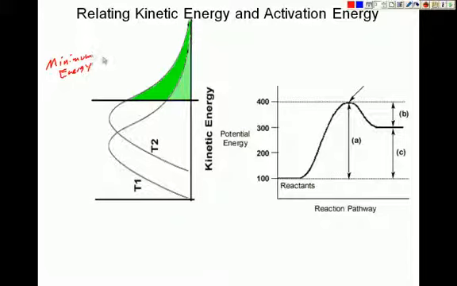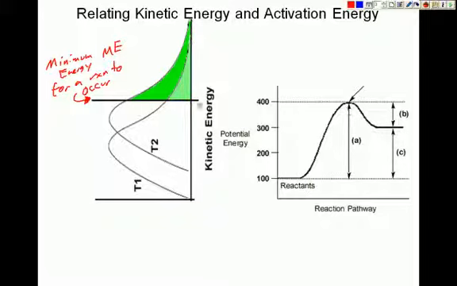Sometimes we just call it our ME, our minimum energy for a reaction to occur, and that's what this line represents right here. This number right here, the potential energy, is the amount of energy that we need for it to reach the top of the activation energy.